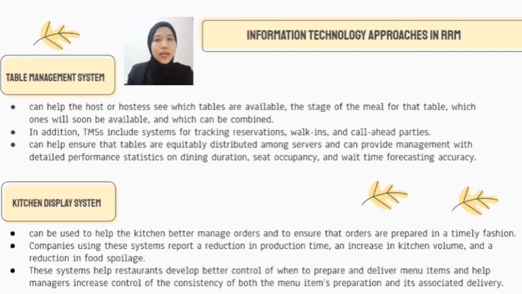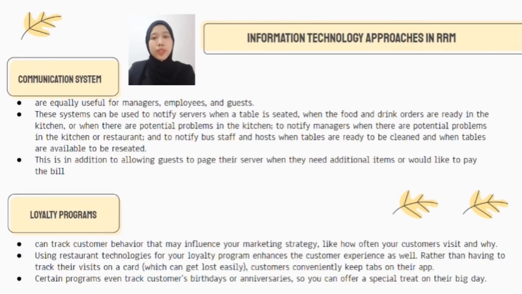And this system help restaurants develop better control on when to prepare and deliver the menu items. This system is quite familiar in Malaysia, in restaurant in Malaysia. We can see this system at fast food restaurant, where they make the food based on the orders display on the system.